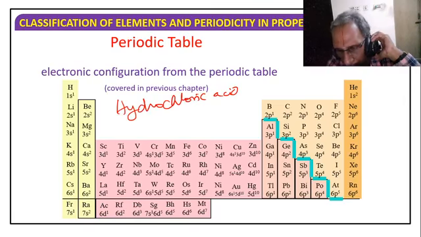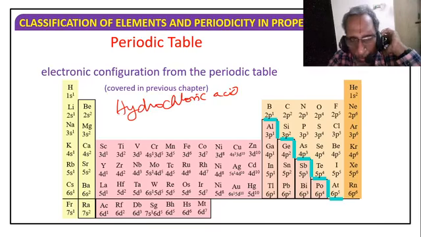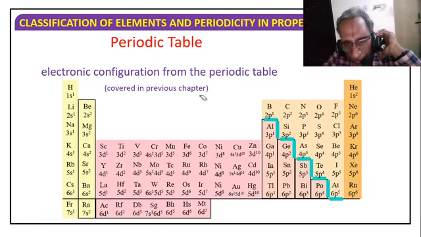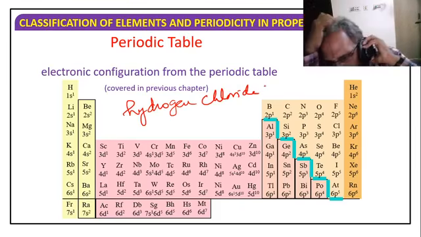Nice, Gandhi. So everybody has written. Nice. HCl name is hydrochloric acid. Now the next question is, what is the formula for hydrogen chloride?